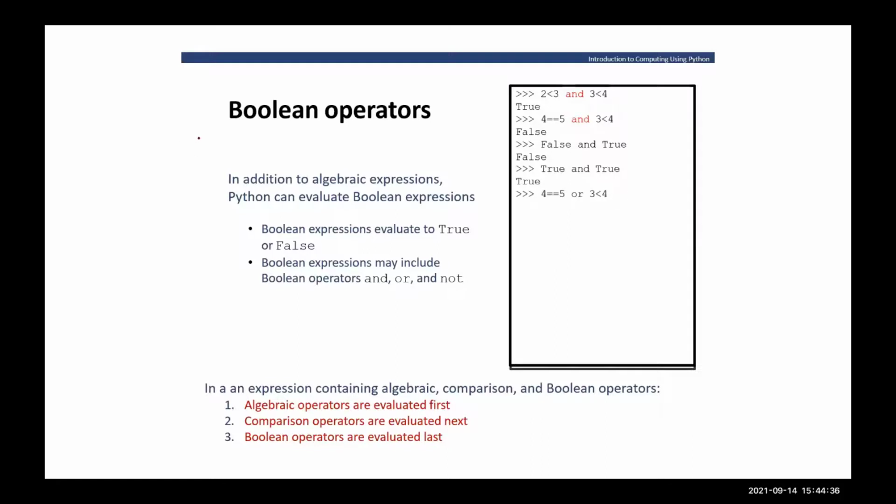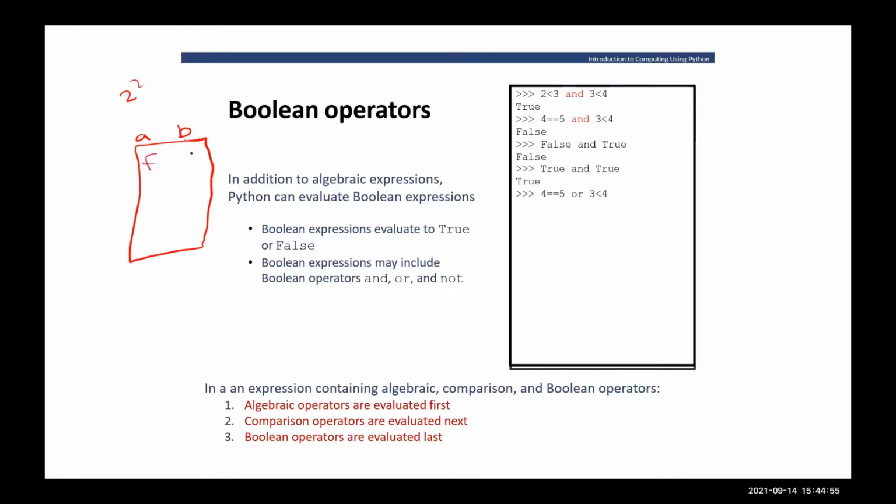Suppose that we have 2 Boolean variables, A and B. What are the combinations? Because we have 2 variables, it's 2 to the power 2, so it's 4 combinations.